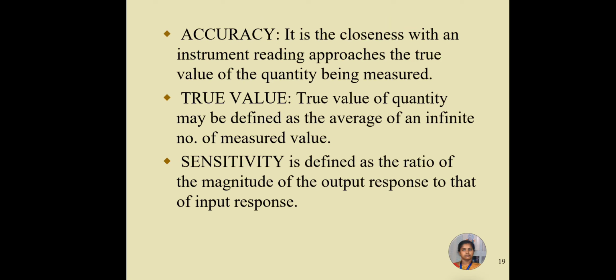Accuracy is the closeness with which an instrument reading approaches the true value of the quantity being measured. The true value of the quantity may be defined as the average of an infinite number of measured values. Sensitivity is defined as the ratio of the magnitude of the output response to the input response.